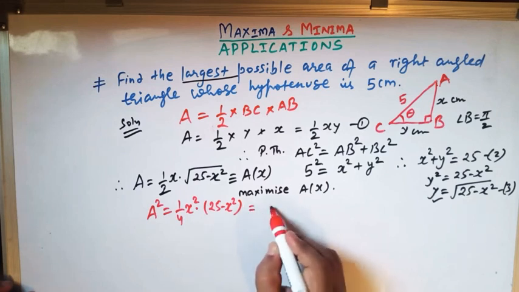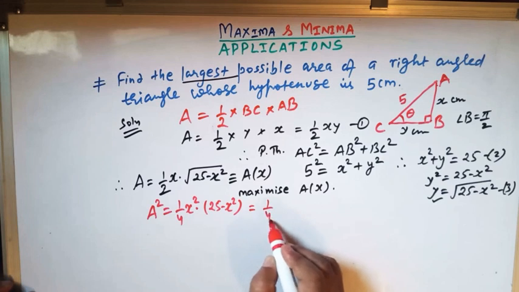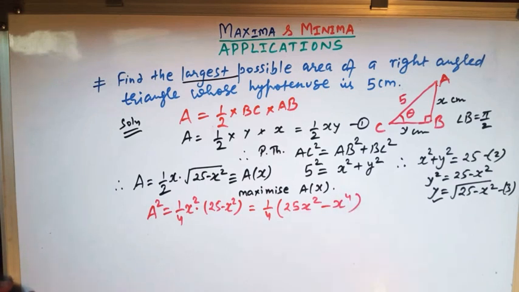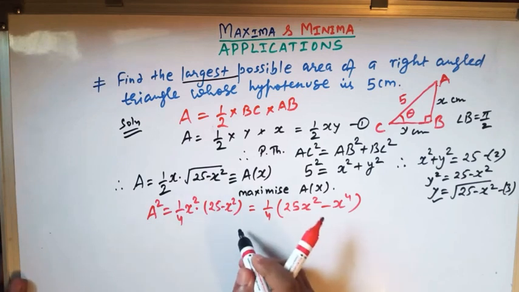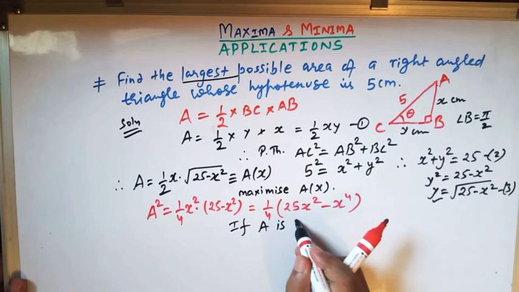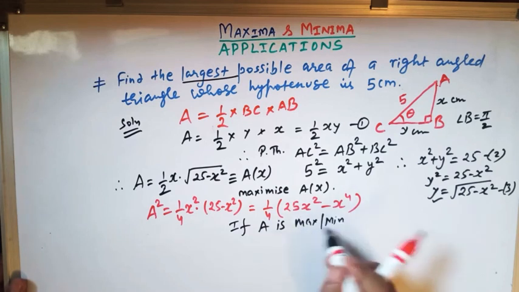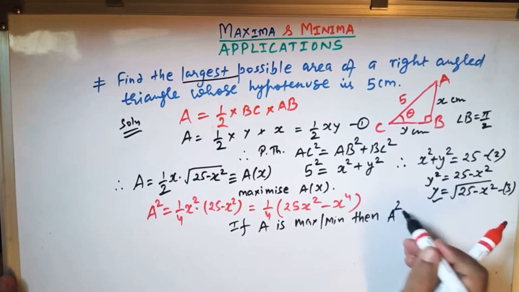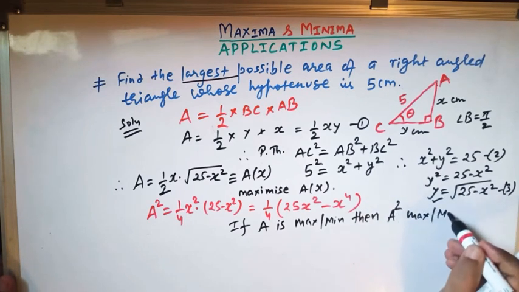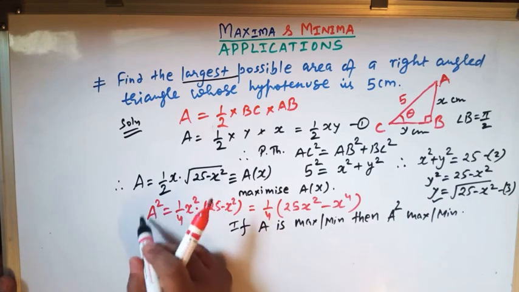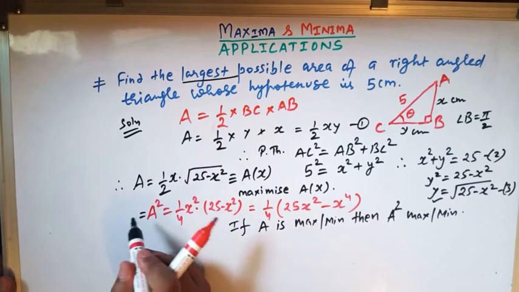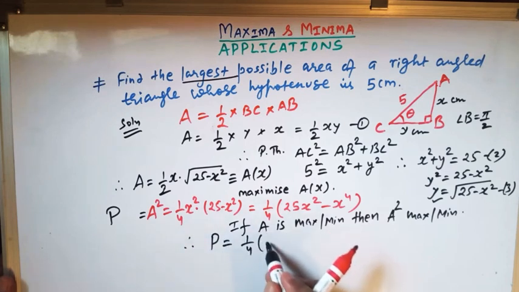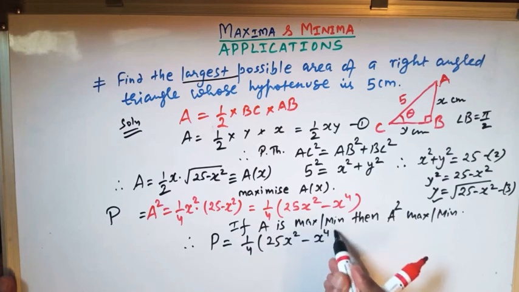Or we can write it like this, 1 by 4 times (25x square minus x raised to 4).